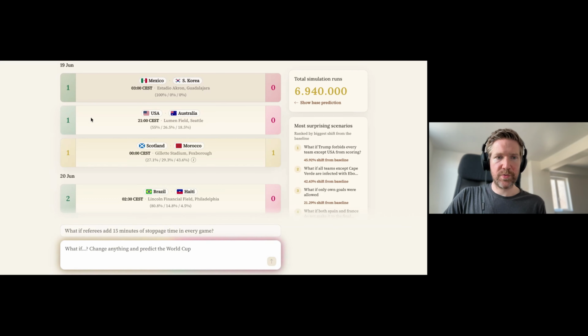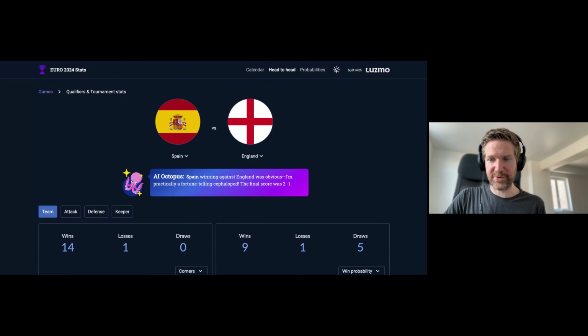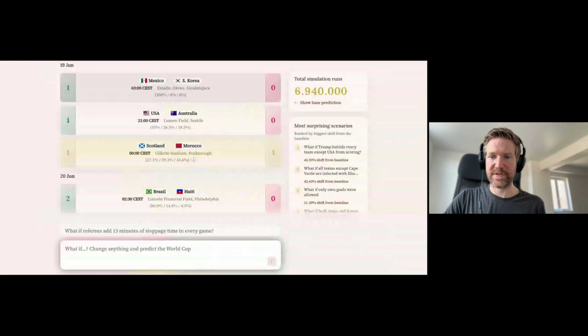So what we did is we ported our calculation engine, our simulation engine that we built for Euro 2024, which took about 5 to 10 minutes to run a full tournament prediction with 5 to 10,000 iterations. We ported that to Rust, so the same technology that is behind our query engine.